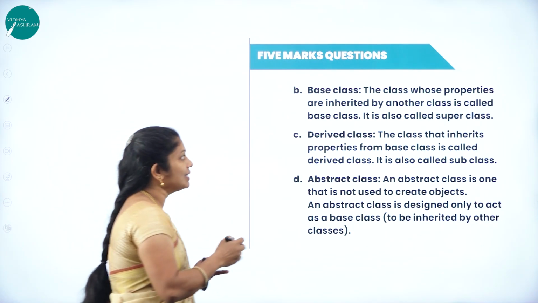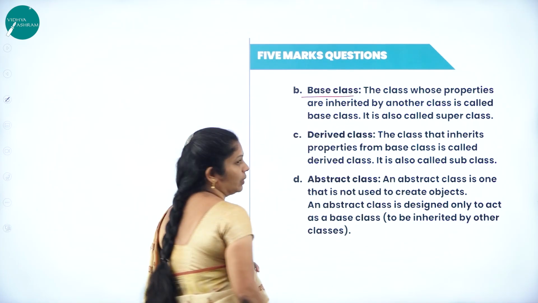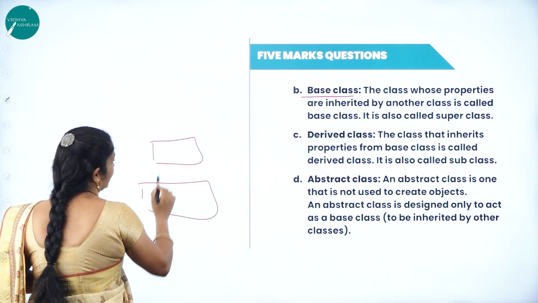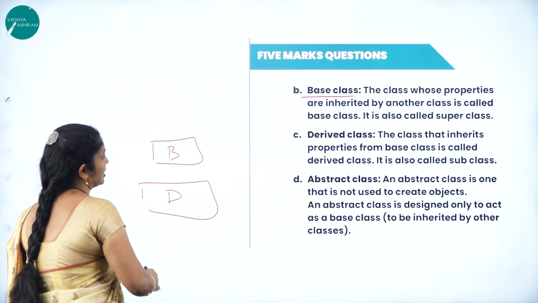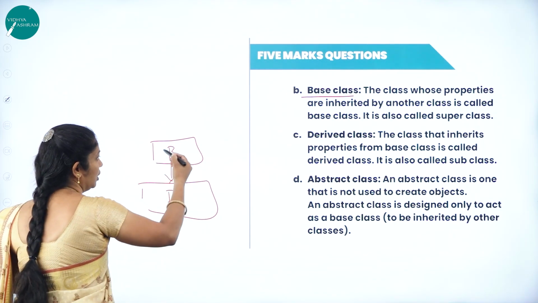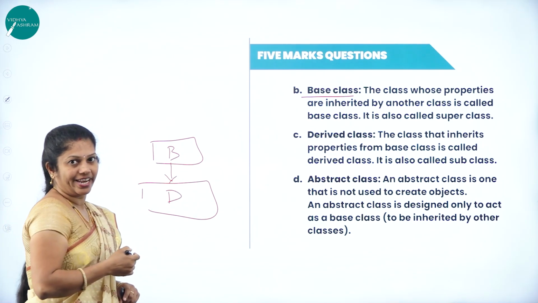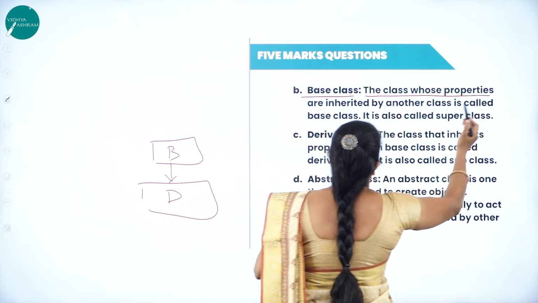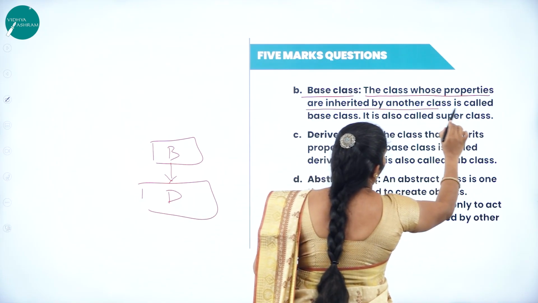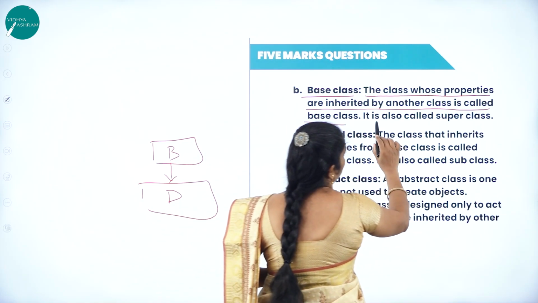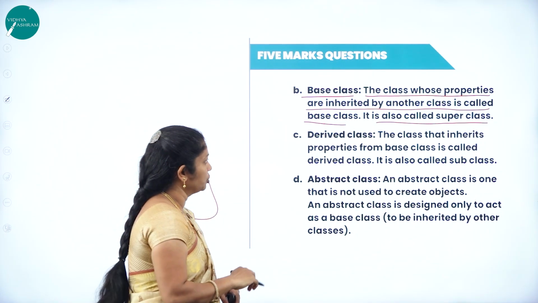Next one, base class. As I already told you, the base class passes its properties to the derived class. It transfers the data, functions and information from the base class to the derived class. That is, the class whose properties are inherited by another class is called the base class, and it is also called a superclass.